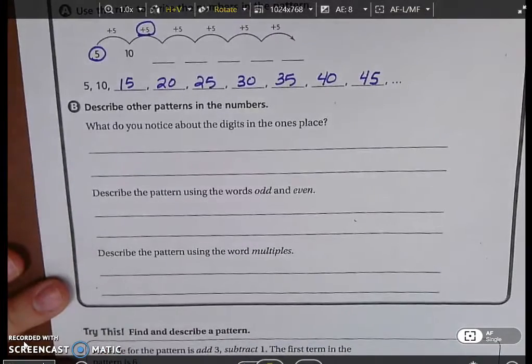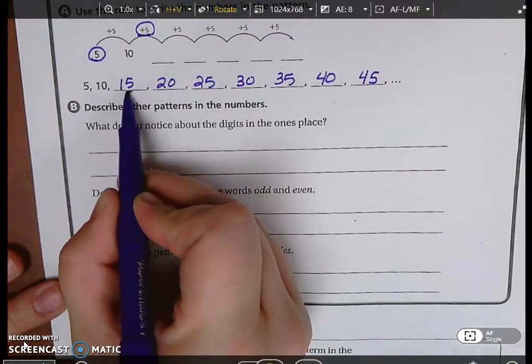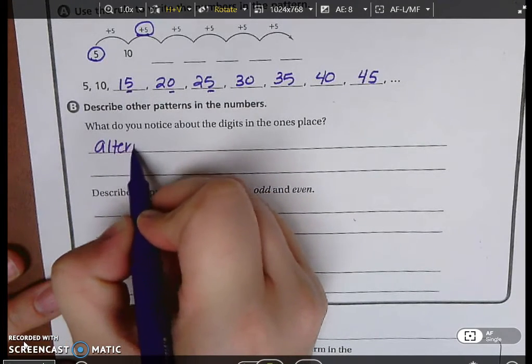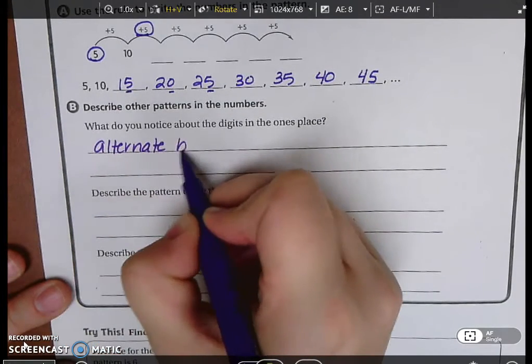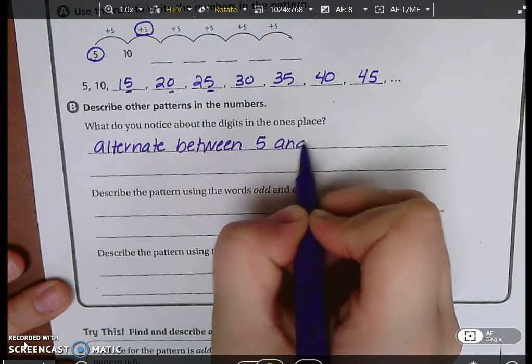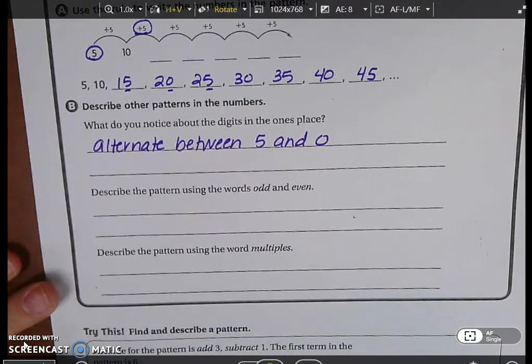What do you notice about the digits in the ones place? Well, I notice that all the digits in the ones place alternate between 5 and 0. Describe the pattern using the words odd and even.